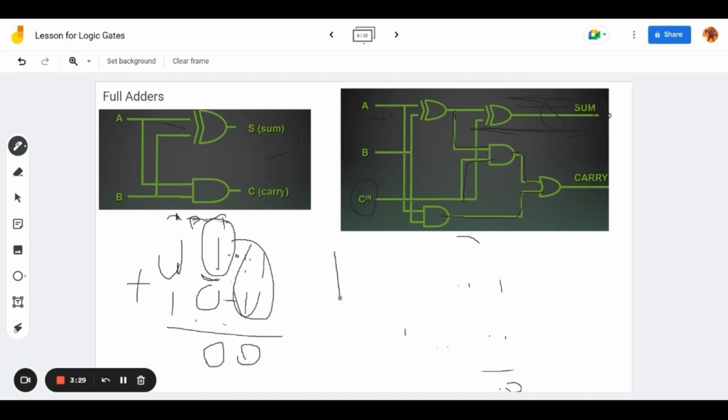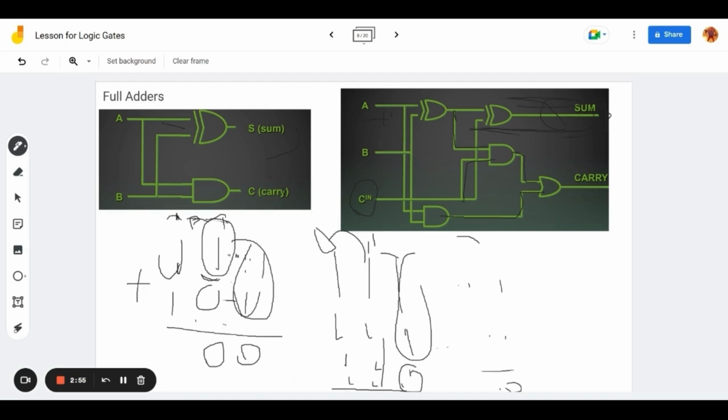Because sometimes you might get questions like 111, 111. Let's just say you're going to have two pairs here, and you're going to end up having two carries. In order to make sure they get continued carried to the next row, the full adder multiplies both the carry in value and the value of A and B from the XOR gate alongside.